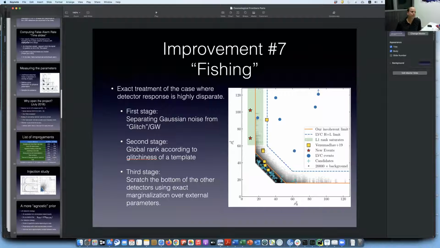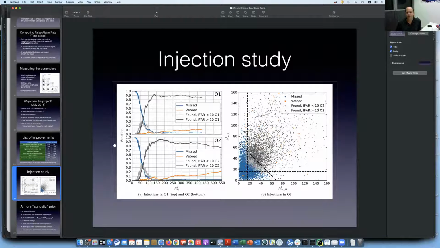response? So I know that about 10% of the events, so this is an injection study, so you can inject signals into the detectors, and Livingston was a little bit more sensitive in O2 than Hanford.